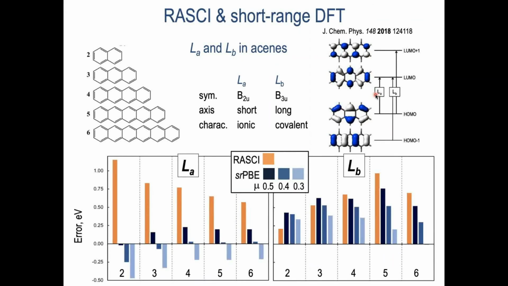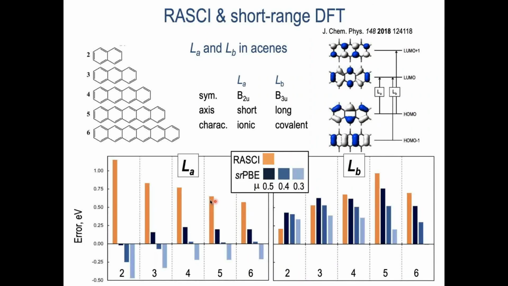And here I'm showing you the errors that we obtain with pristine wave function theory and with the mixing of short range, in this case short range PBE, with different values of the range separation parameter.